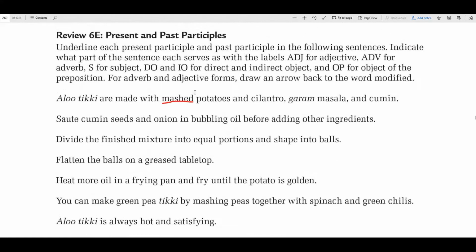Okay, because can't you mash? Yes, this is mashed. It's in the past tense, so this would be a past participle. What is this acting as? It's acting as an adjective because it's telling what kind of potatoes. Okay?